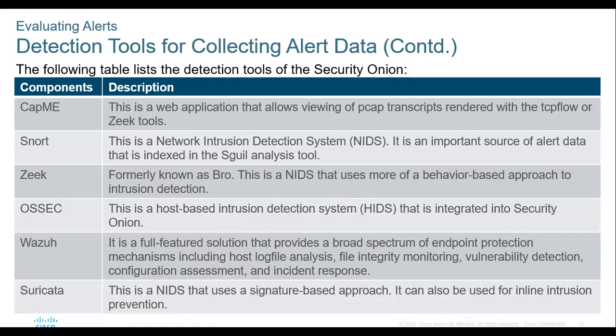Okay, so like OSSEC, it requires an agent to be running on network hosts. So this particular one is basically a host-based intrusion detection system, whereby you have an agent that runs on that host. Okay.